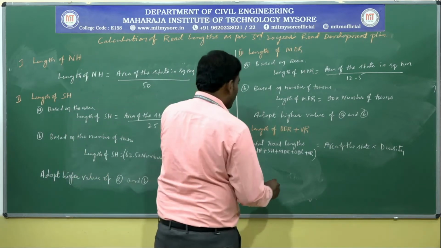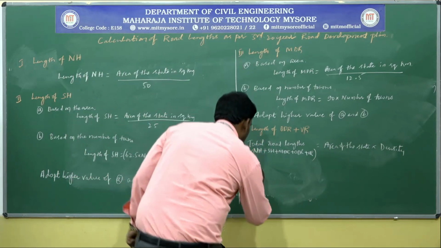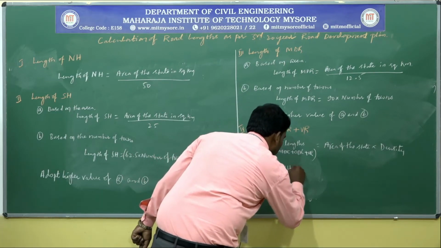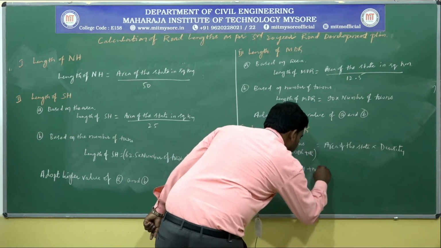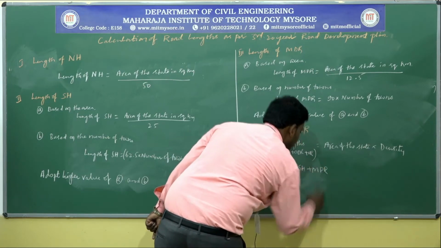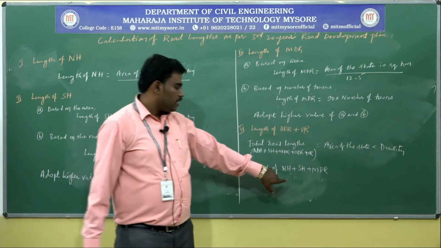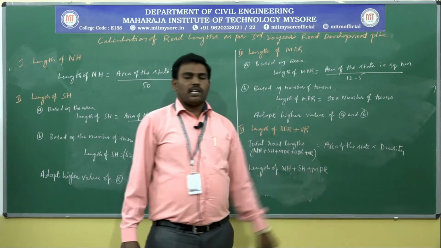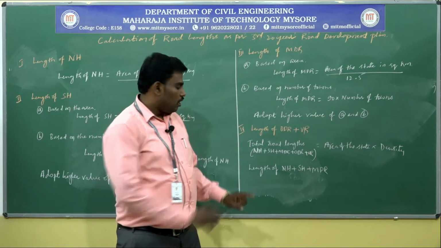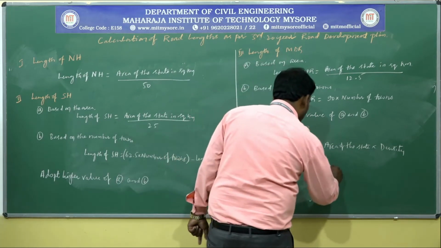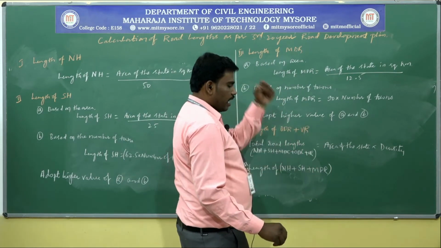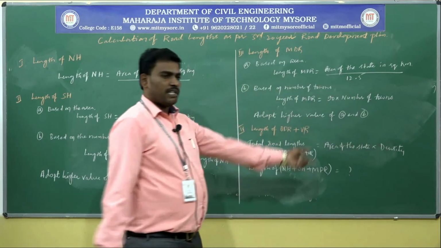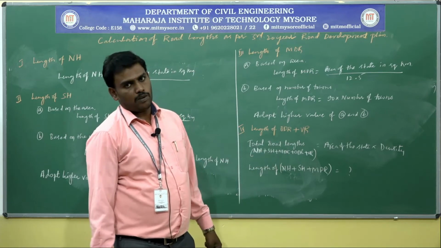So in step number 1 you get NH length, step number 2 you get SH length, step number 3 will give MDR length. So summing it up will give the length of SH plus NH plus MDR, that will give some kilometers.